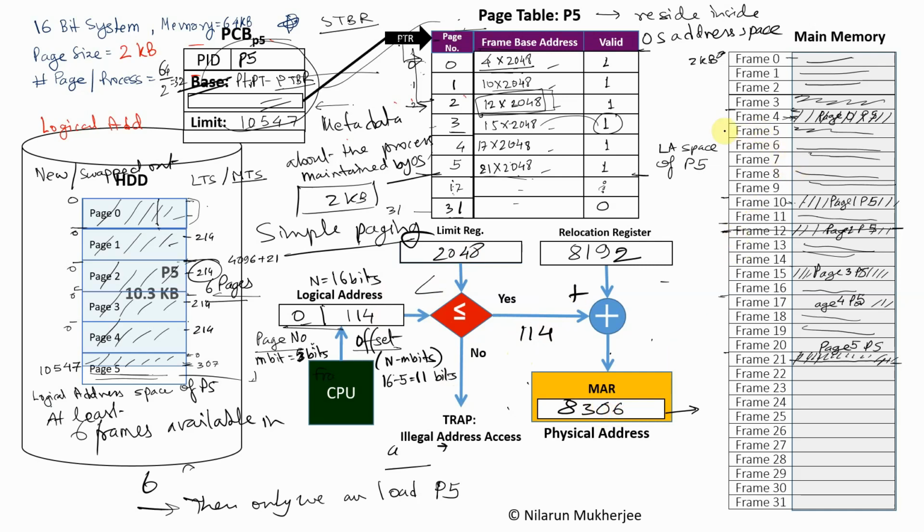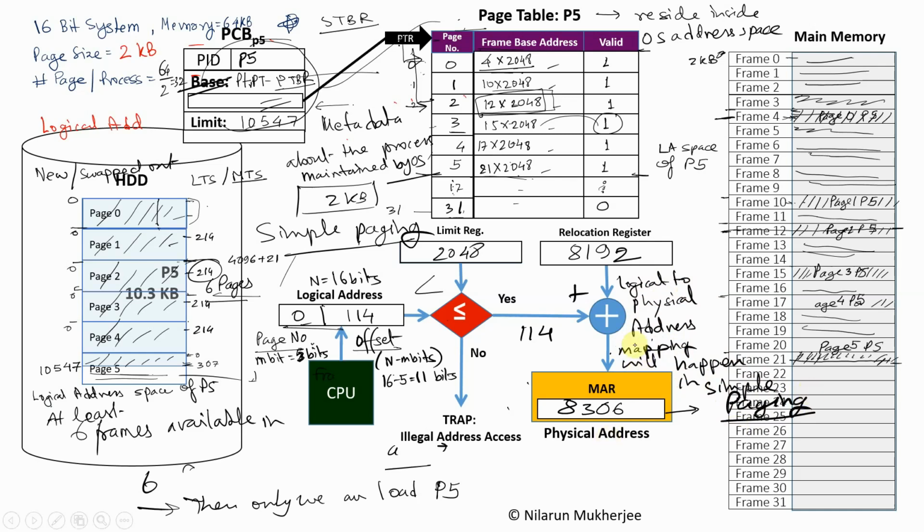So it will try to access somewhere from here. So this is how the logical to physical address mapping will happen in simple paging.